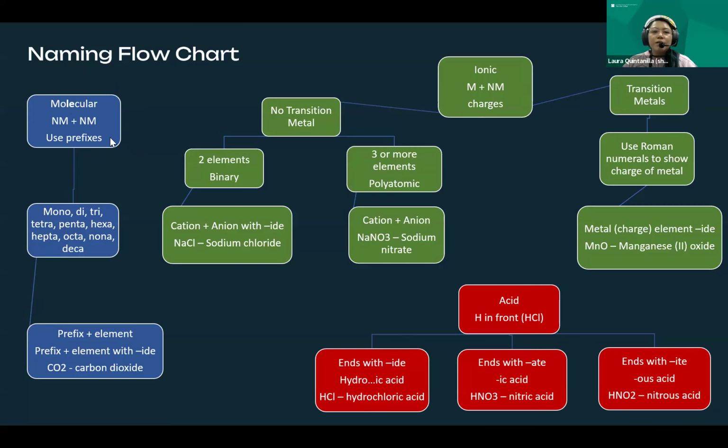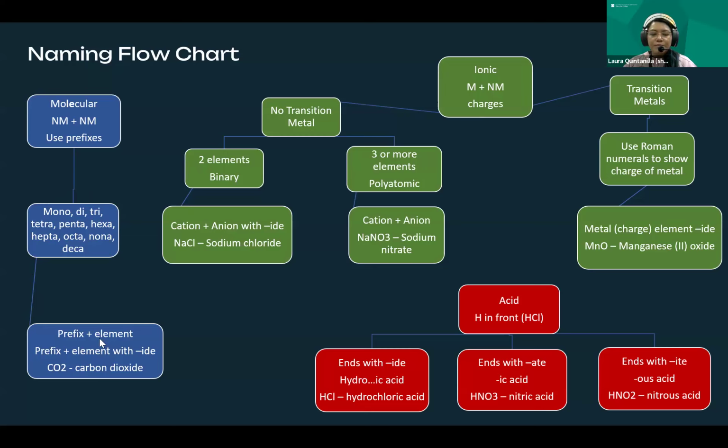Molecular, which could also be called covalent, is two nonmetals together, and we'll go over where those are on the table. Molecular compounds are where you use these prefixes. These are Greek prefixes that you use to name them. It's just the amount of how many atoms there are.